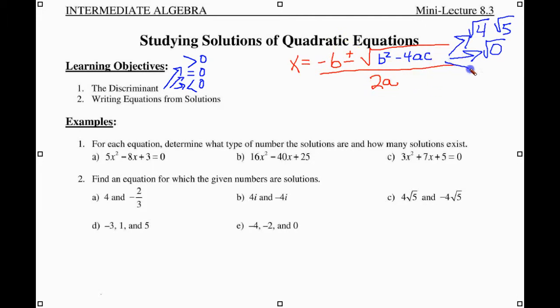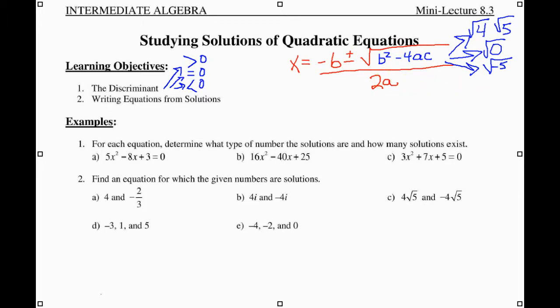Now, if when you determine what the discriminant is, it becomes a negative number under the radical sign, like negative 5 or any of those, then instead of getting real numbers, you get imaginary numbers.